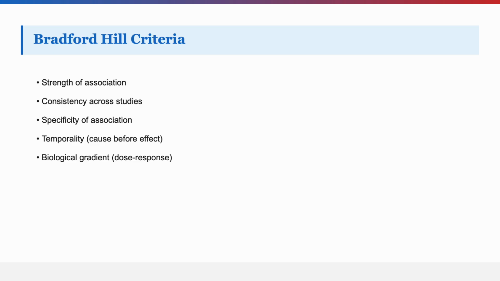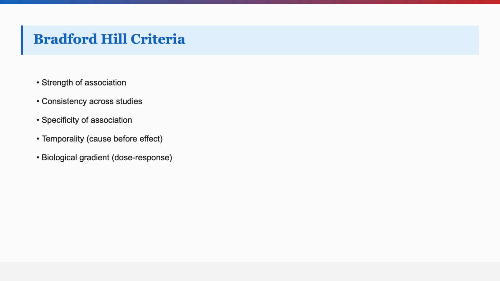Consistent findings across diverse studies strengthen the causal case. Specificity: does the exposure cause this particular disease rather than many diseases? Specificity supports causation but isn't required. Smoking causes multiple diseases yet is clearly causal.